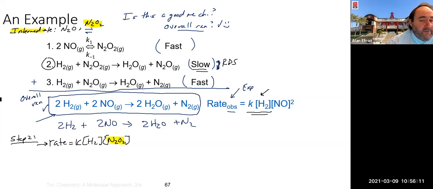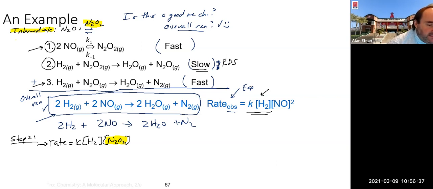So what this is going to require you to do in these types of problems is get rid of the intermediate and substitute it out. So how do you get rid of that intermediate? Well, you go look at some of the other steps along the way to help you. In this particular case, the only other step that has N2O2 in it is step number 1.